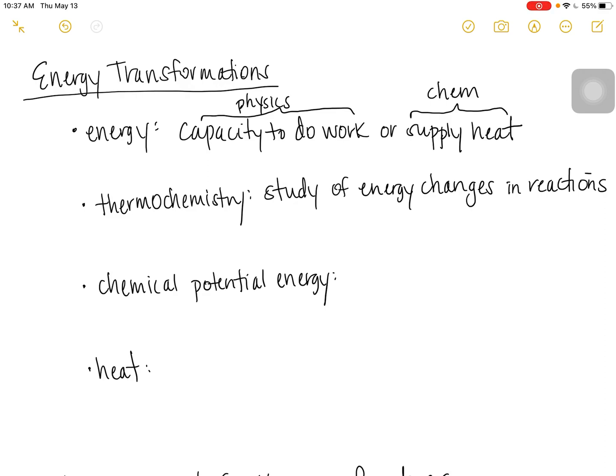Okay, so why are there energy changes in reactions is definitely a question that's asked, and that is because all chemical bonds have stored energy. And when chemical bonds are broken or formed, there are energy changes. So that energy is referred to as chemical potential energy, and it's just the energy that's stored in a chemical bond, like an ionic bond or a covalent bond.